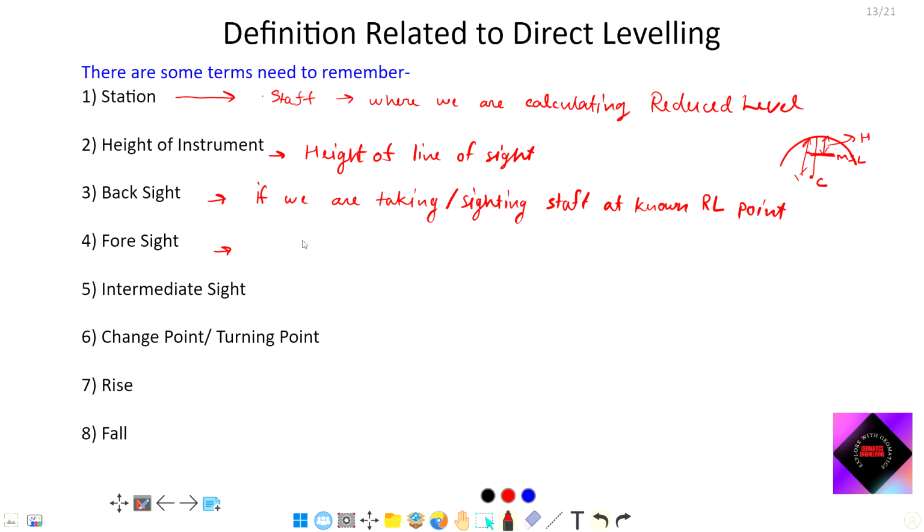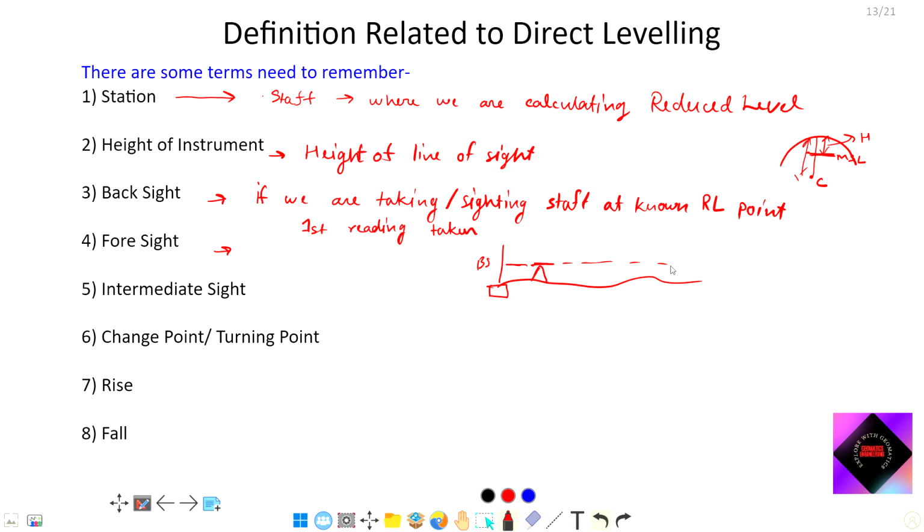Backsight is the first reading taken at any place, and foresight is the last reading taken at any place. At any place means at any single setup. If we are setting up an instrument here, then the backsight will be our first reading, and it is taken at the known RL point, because with the help of this first reading we calculate the height of instrument and do the measurements.